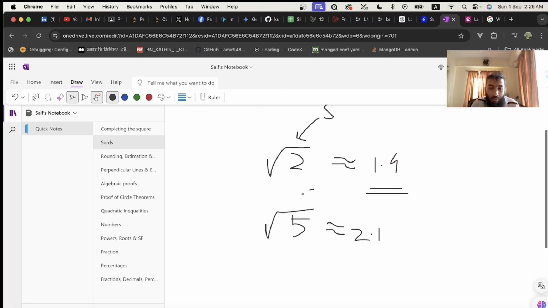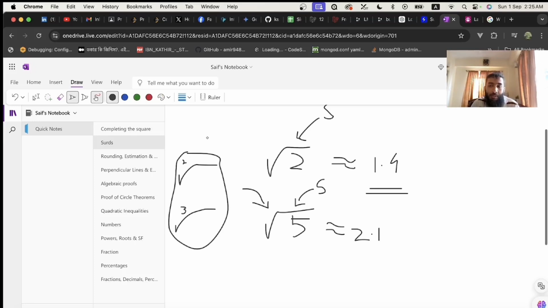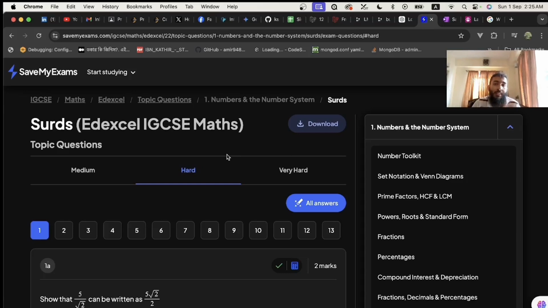That's why this is also a surd number. The primary identifier is that surd numbers are represented in square roots, where square root and root are the same, or in cube roots, etc. So this is the basic idea of surds.